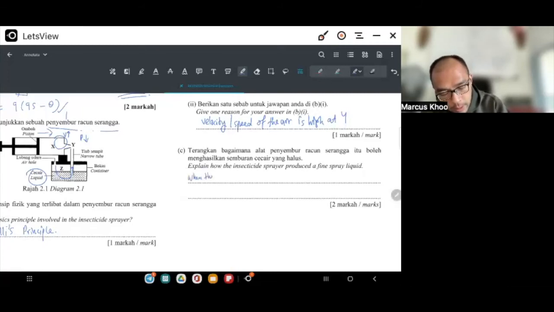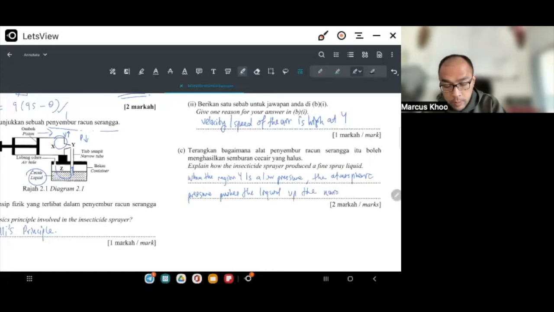So you need to write that when the region Y is at low pressure, due to the fact that the velocity of the air is high, the atmospheric pressure pushes the liquid up the narrow tube. That will be the first mark. This one will push the liquid up the narrow tube.